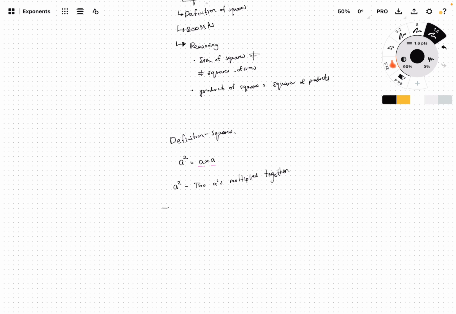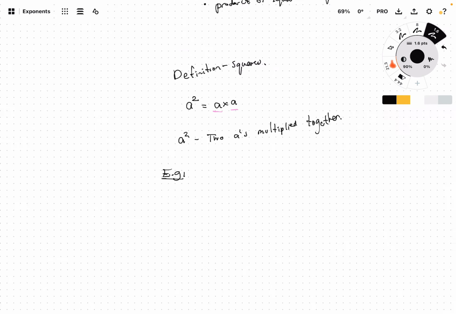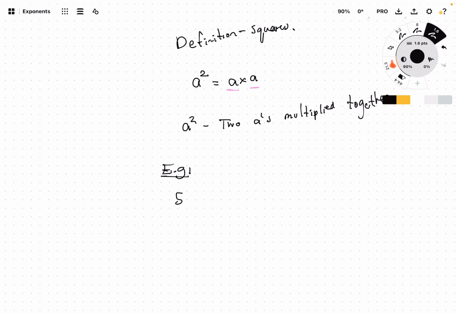So for example, we have 5 squared equals 25. So that equals 5 times 5, which is 25. And in fact, you should be able to memorize all the squares up to 15.